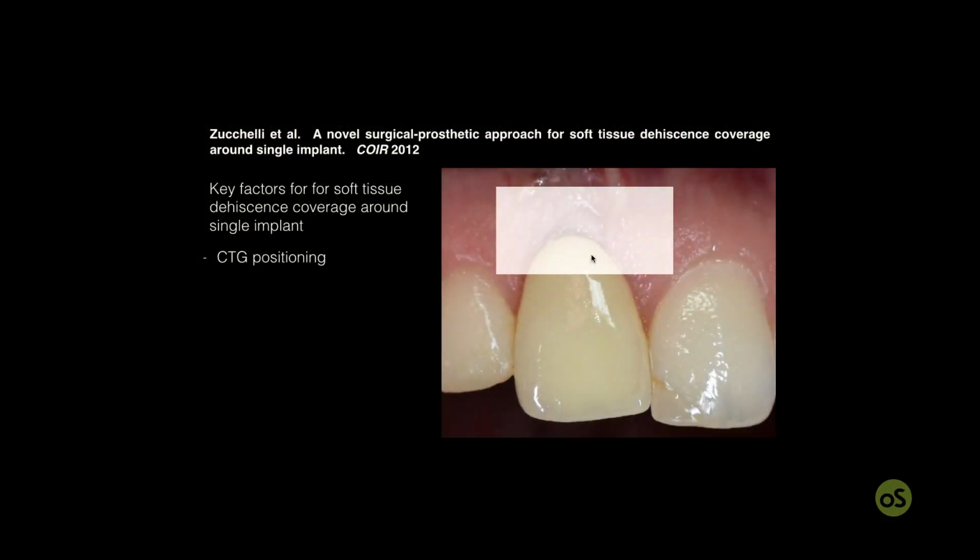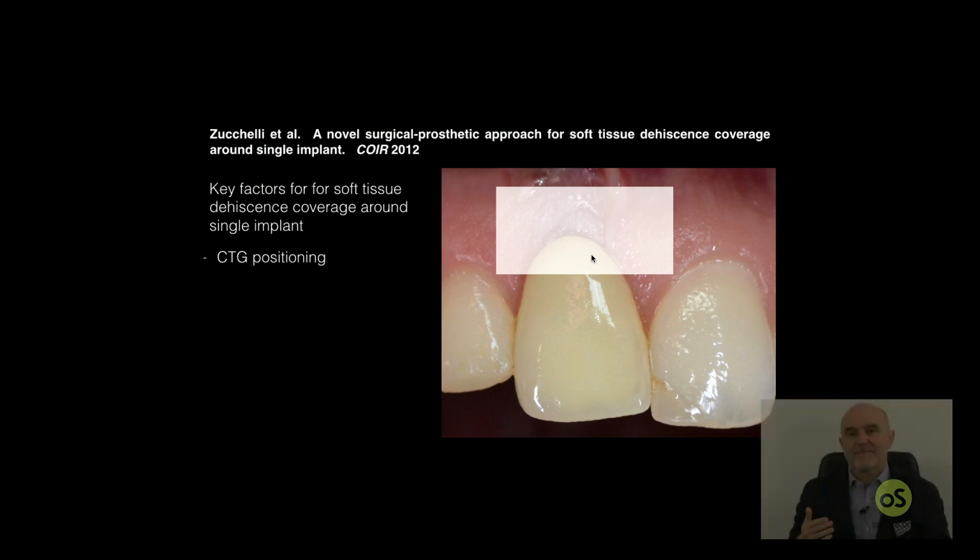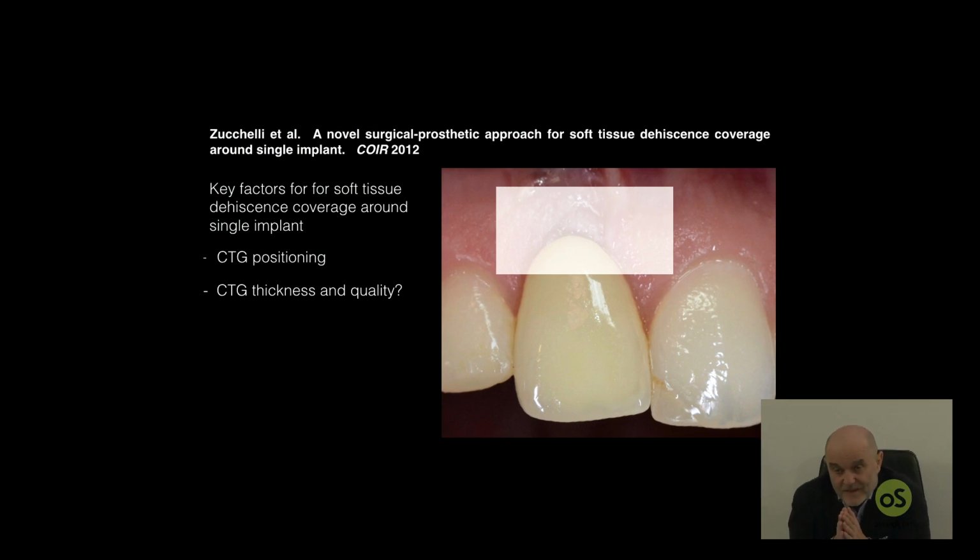Because if it's completely covered, the possibility for this graft to survive even above an avascular surface is increased by the fact that it's also receiving blood supply from your covering flap. The problem is that this flap must receive blood supply in a more coronal position with respect to the position of the connective tissue graft in order to survive above this graft.